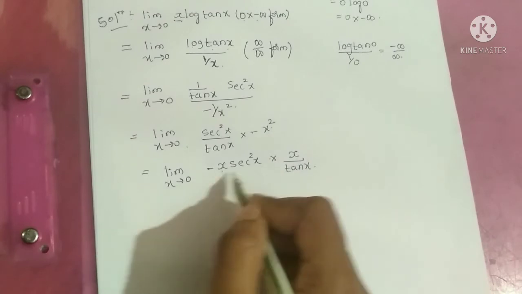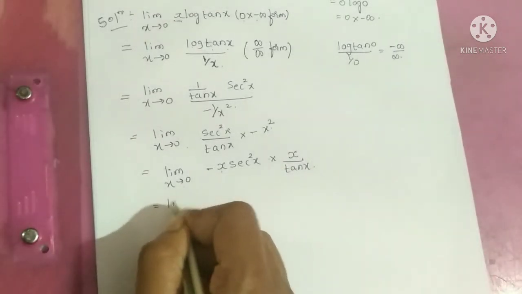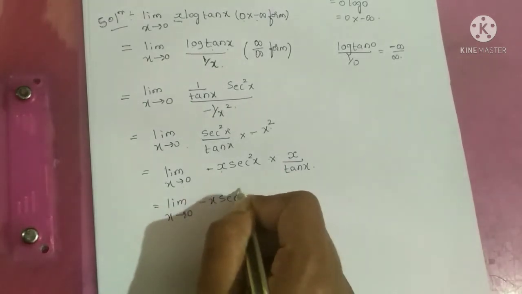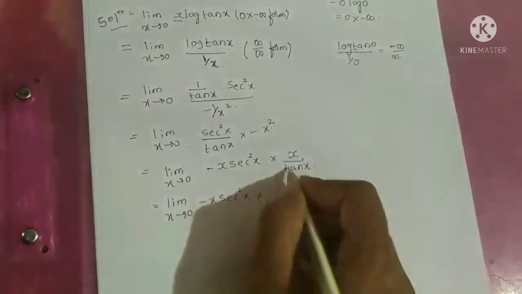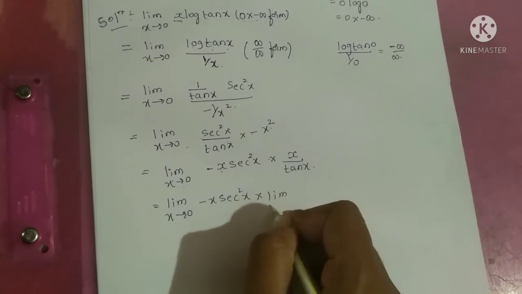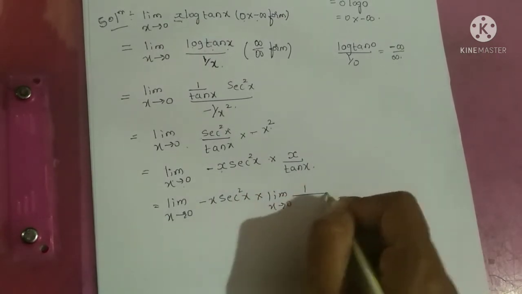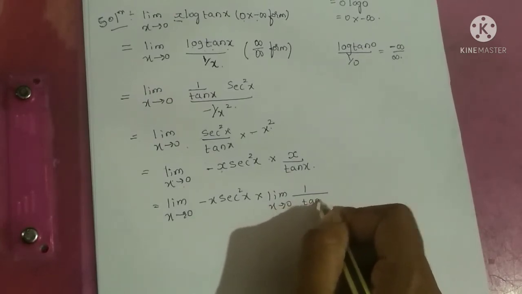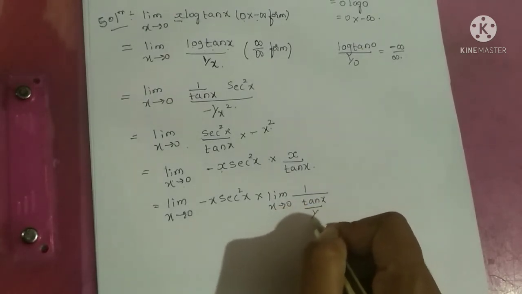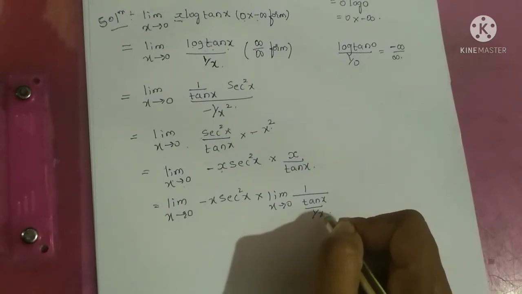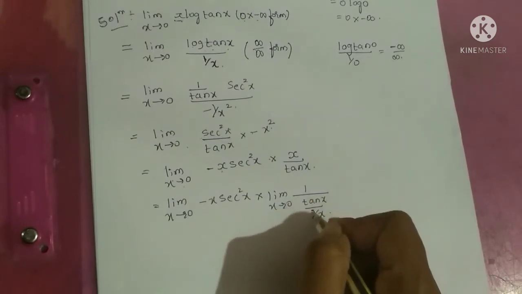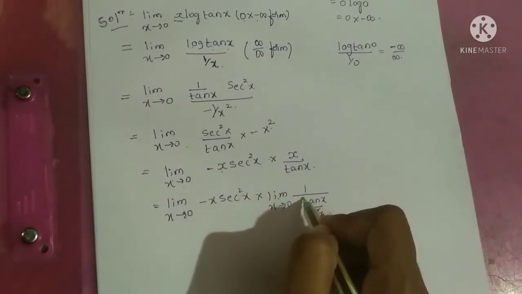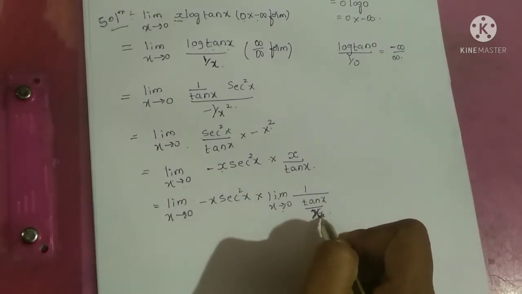Now we apply the limit for both the terms. It becomes limit x tends to 0 of minus x secant square x, into, applying the limit for this also, limit x tends to 0 of x divided by tan x, which we can write as 1 divided by tan x divided by x.